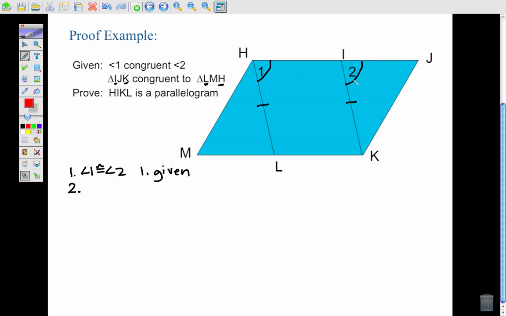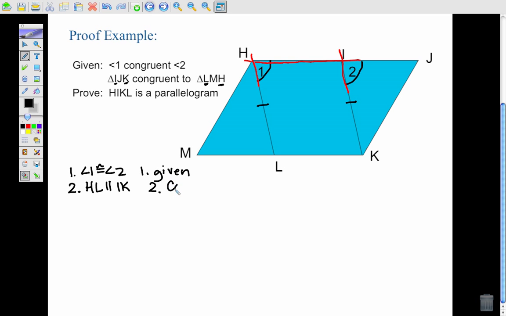Well, if these are congruent angles, and I look at this as a transversal and I look at these lines, I can see that they are corresponding angles, and that makes HL and IK parallel to each other. So I'm going to go ahead and write HL parallel to IK.